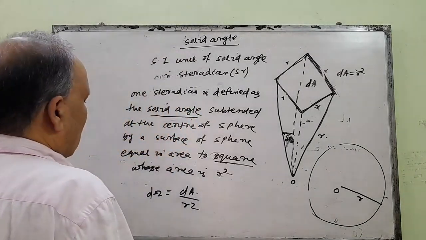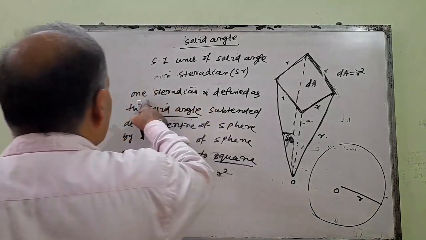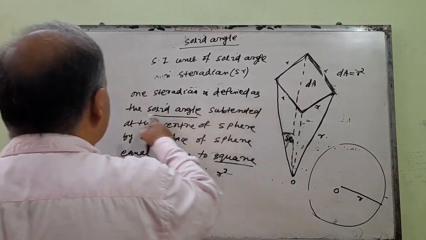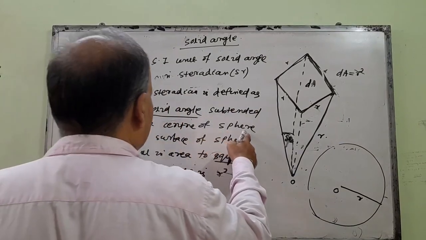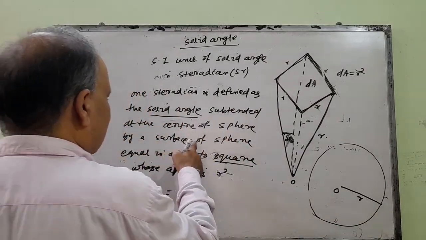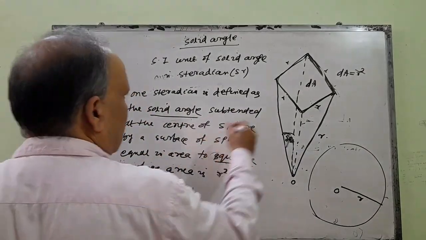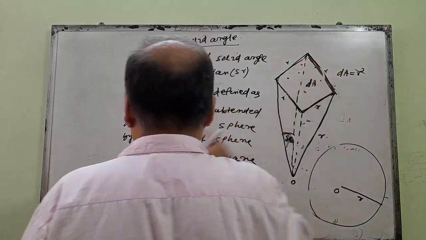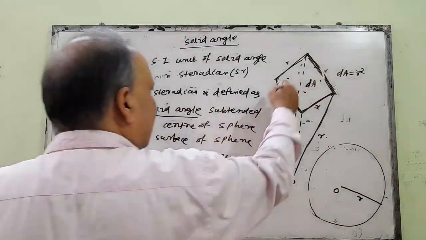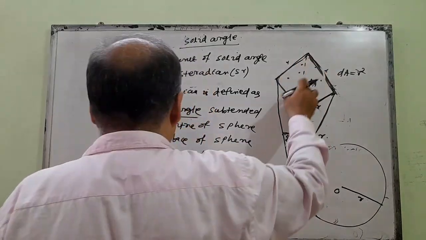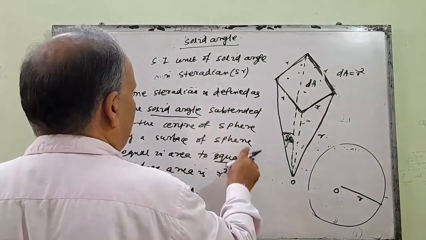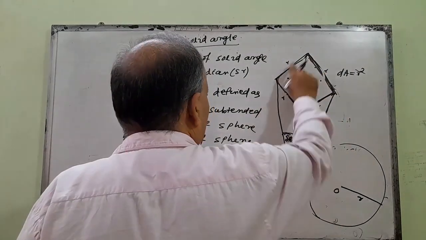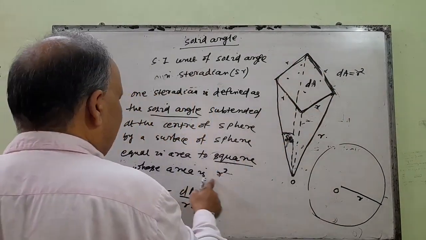So one steradian is defined as the solid angle subtended at the center of the sphere by a surface of the sphere equal in area to the square whose area is r square.